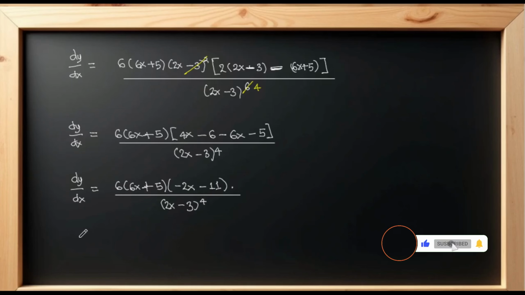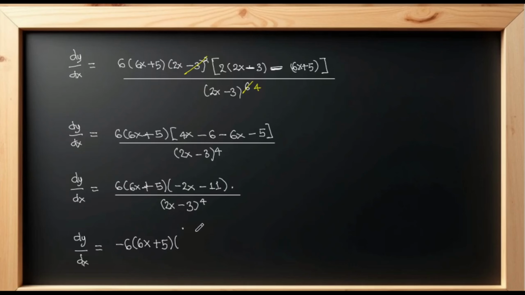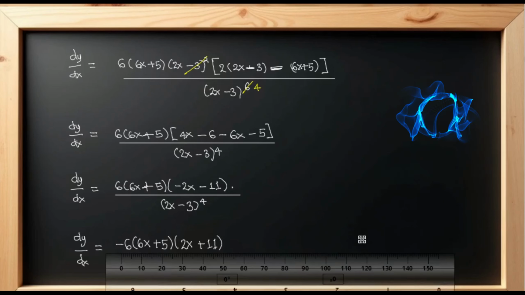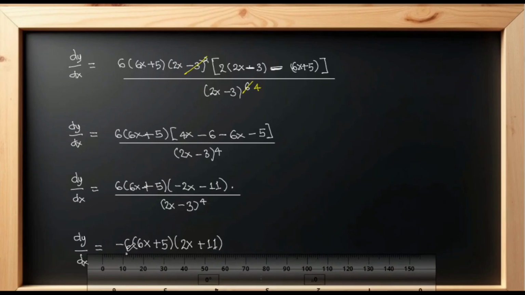So rewriting this, finally our dy by dx would be equal to negative 6 into 6x plus 5 into also, now here we'll have positive 2x plus 11, simply because we have put the negative out here to multiply this number, and we can rewrite our denominator back here.